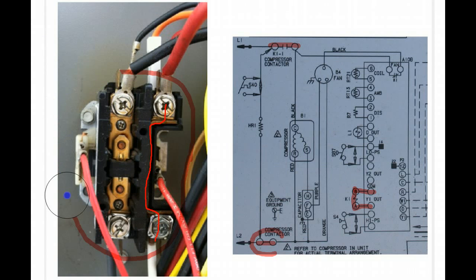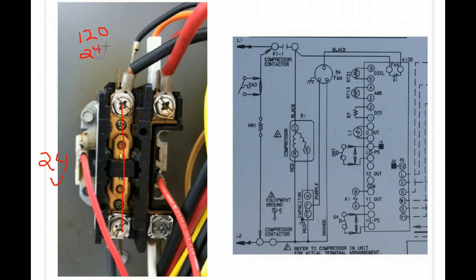The reason that they have them in different locations is because normally your control voltage for the coil is low voltage, or 24 volts, and the voltage that is passed through to the loads is usually 120 or 240, and if you go commercial, you'll get up to 480 as well. So what these contacts and relays do is they allow low voltage controls to control large loads with high voltage and high current.